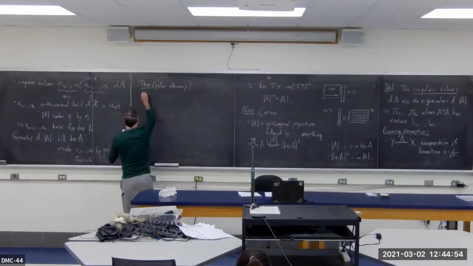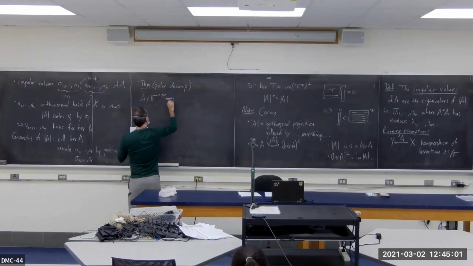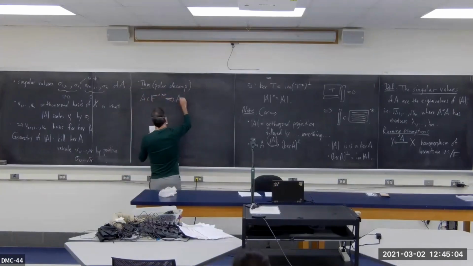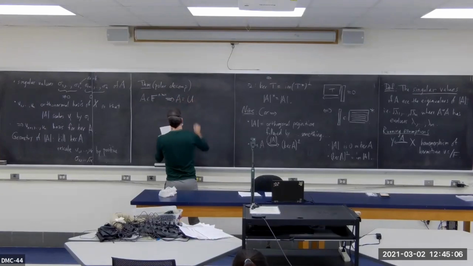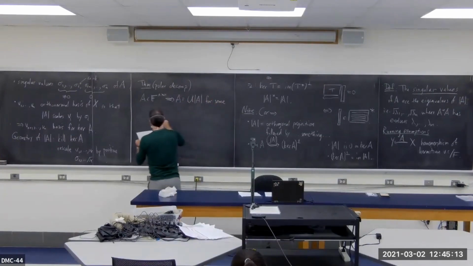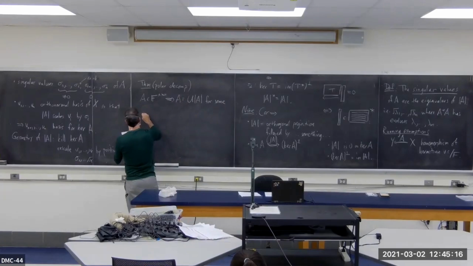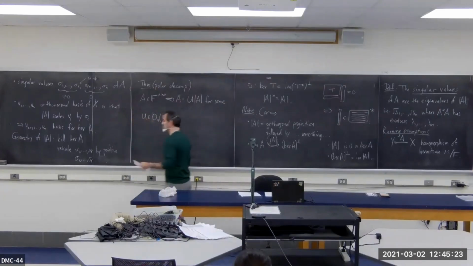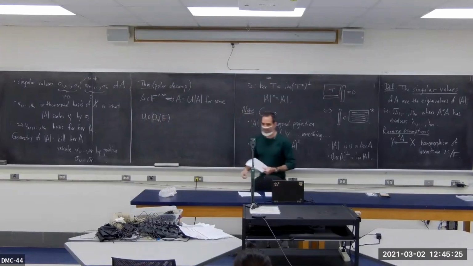What it says is that if you have A in F^(n by n), then A is equal to a unitary matrix U times the modulus of A, for some U in O_n(F). So it's unitary if F is the complex numbers, and it's orthogonal if it's the real numbers.